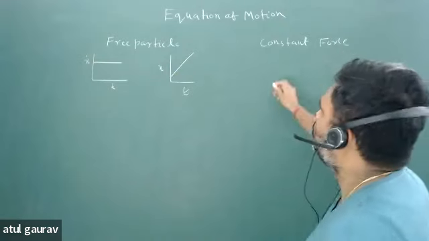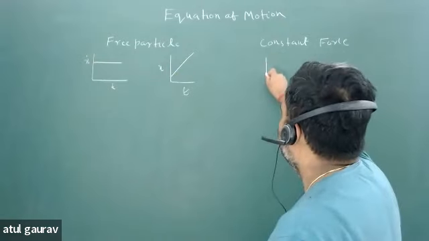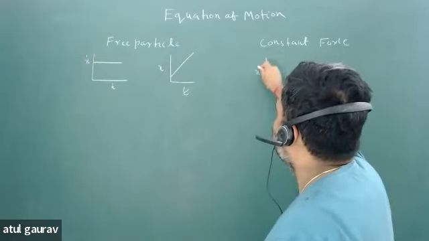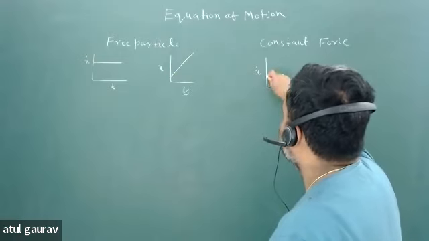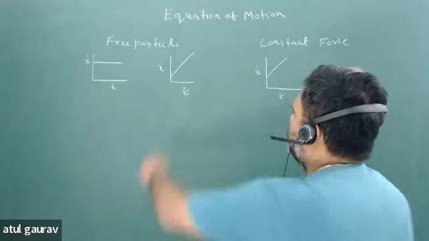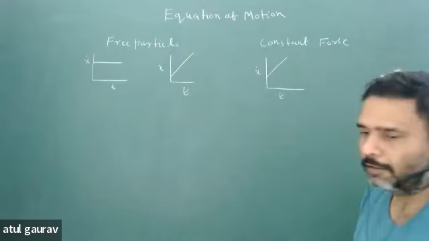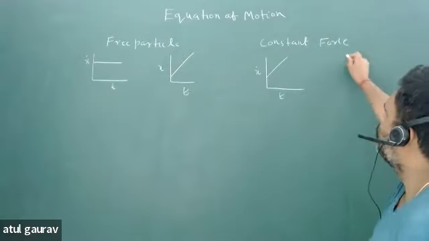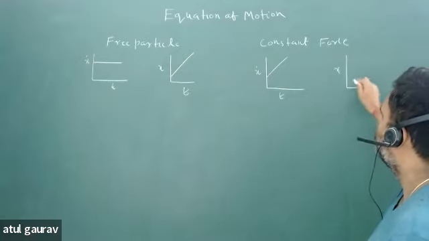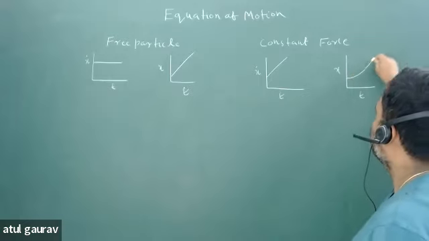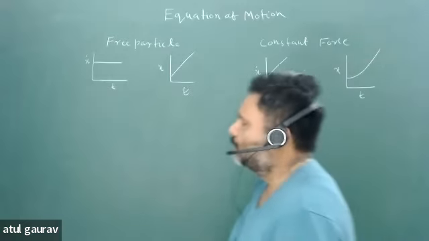And for the constant force, x dot versus t is just a straight line. If we are talking about x versus t, then obviously this will be something like this.